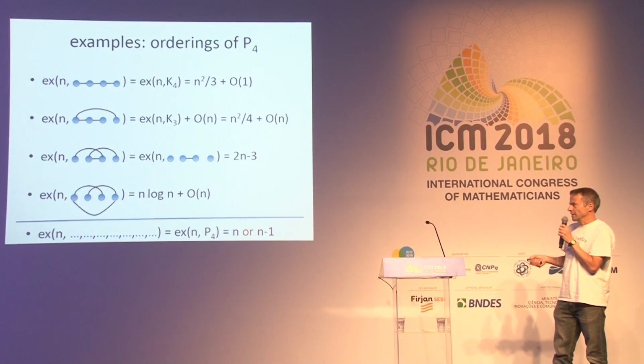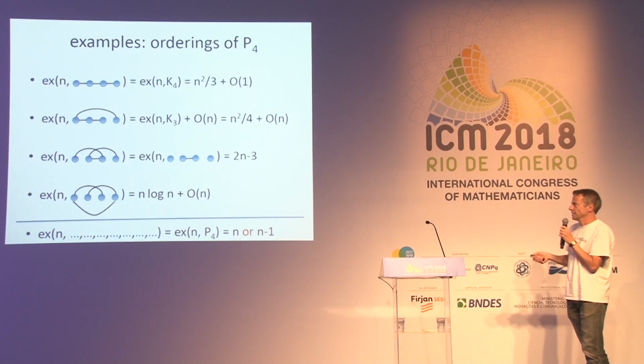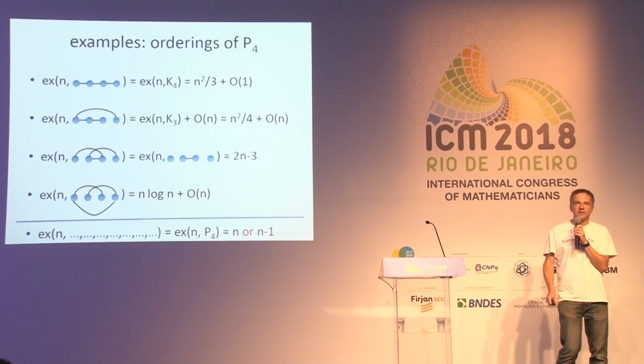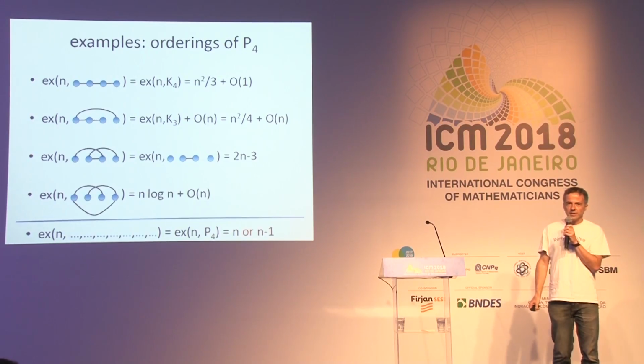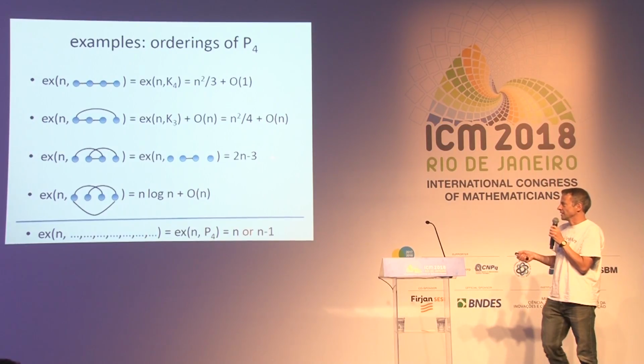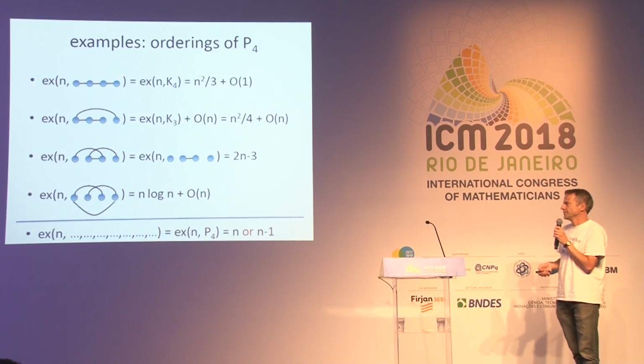This particular ordering behaves like a single edge. So this is an ordered graph with just a single edge. And it basically tells you that every edge of your graph has to be using the first or the last vertex. No other edge is allowed, so it's very easy to see that the extremal function is 2n minus 3.